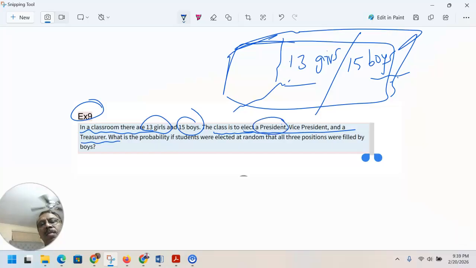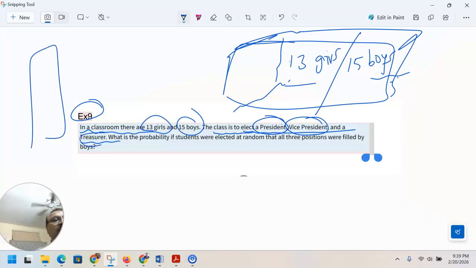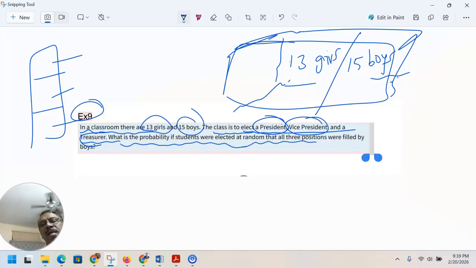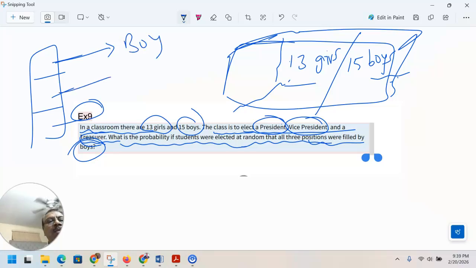So naturally they have those positions first, second, and third, right? What is the probability, if the students were selected at random, that all three positions were filled by boys?